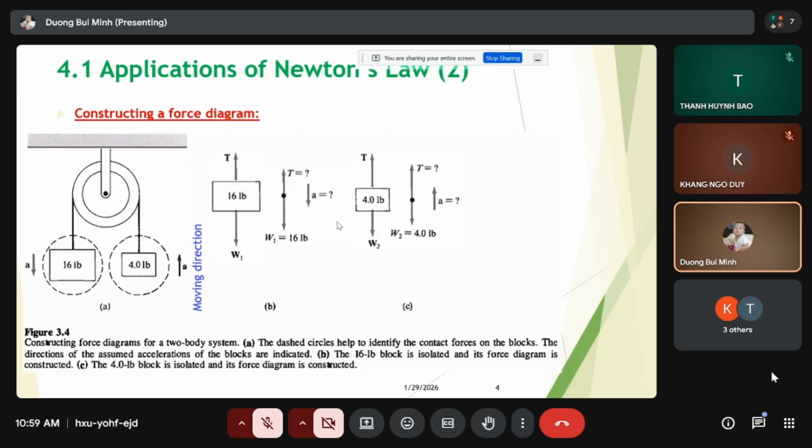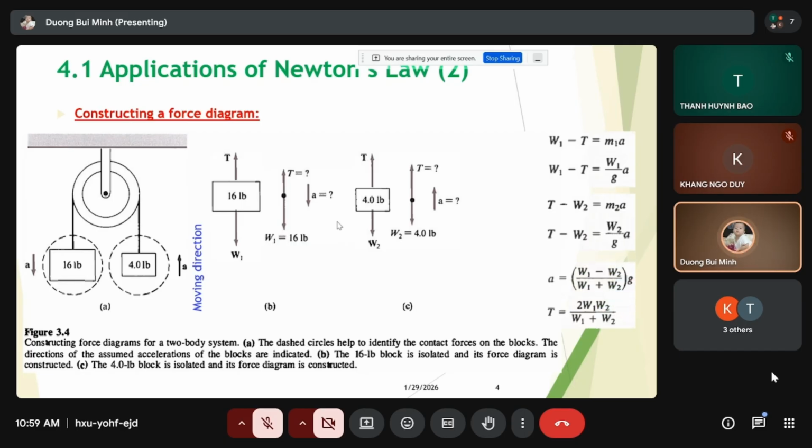Of course, the gravitational force is downward. Then we can apply Newton's second law and get the equation. You can choose another moving direction like this; we follow the counter-clockwise direction, but we can also assume clockwise.